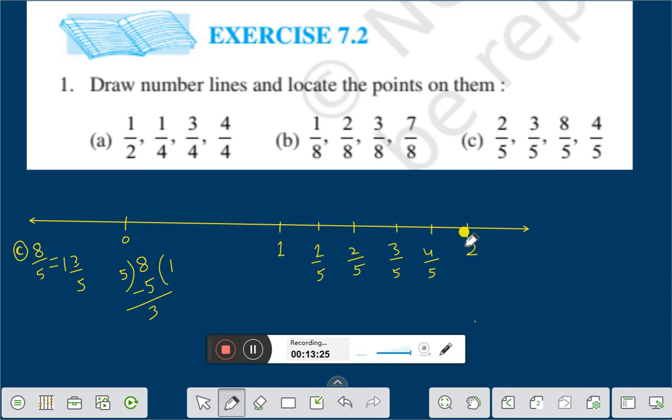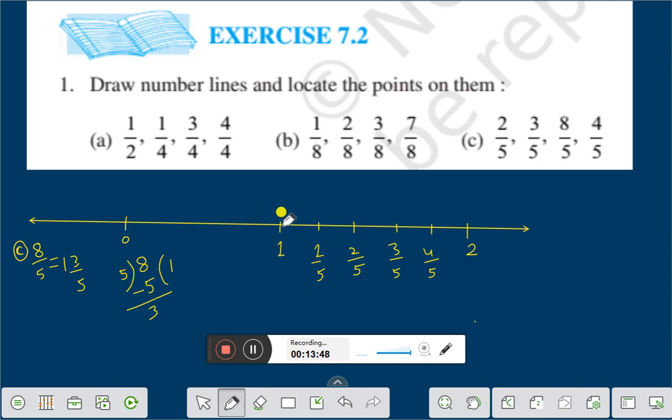Or we can represent it in another way also, right? We have divided this into 5 equal parts, 1, 2, 3, 4, and 5, right? And 5 by 5 means 1 plus 1, that is 2, right? Now how will we represent 8 by 5?